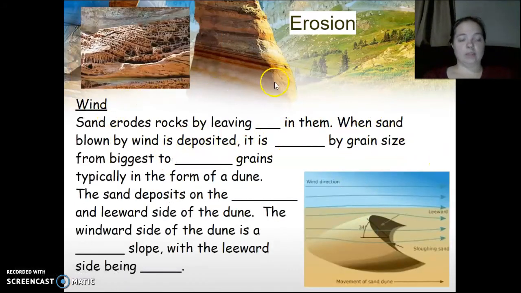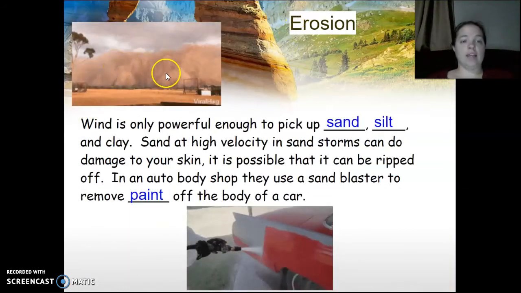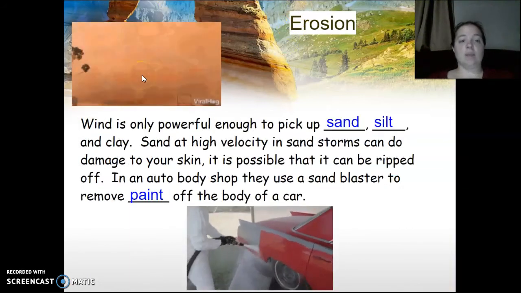Okay, some more on wind. So sand erodes rocks by leaving these little holes or pits in them. When the sand blown by wind is deposited, you have the sand hitting and leaving pits and then still getting picked up. Look at all that sand. It's getting pushed.